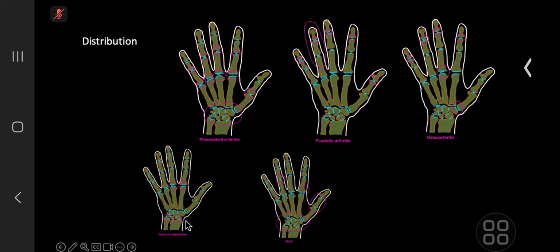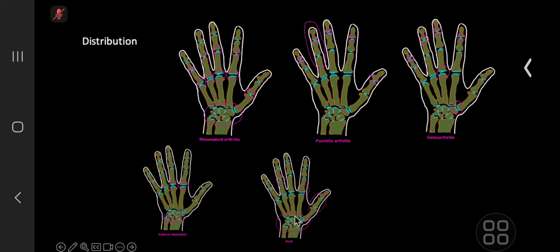Next is crystal deposition disease. First, most commonly it involves the second and third metacarpal joints with hook-like osteophytes, and also along the TFCC ligament.